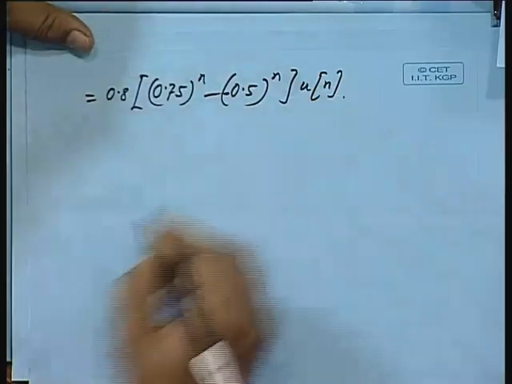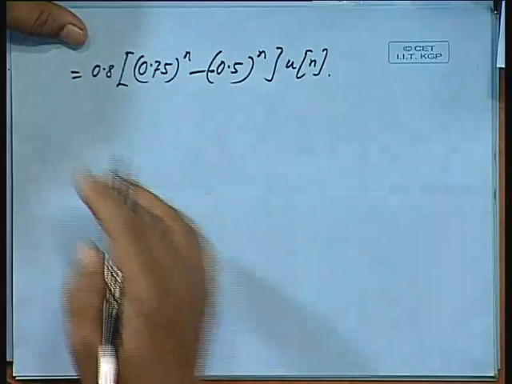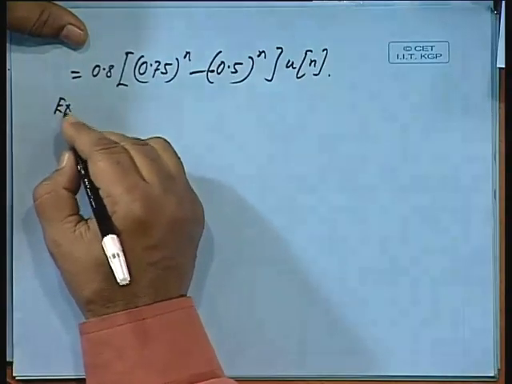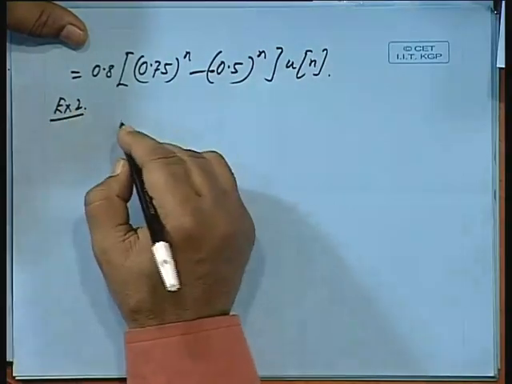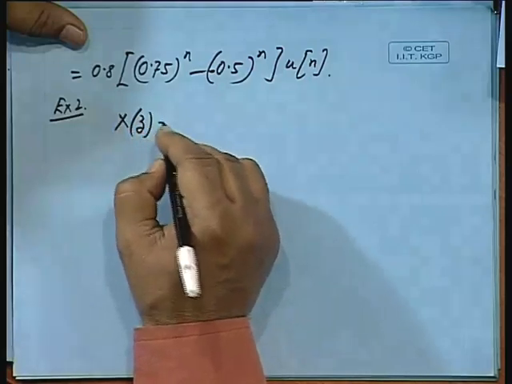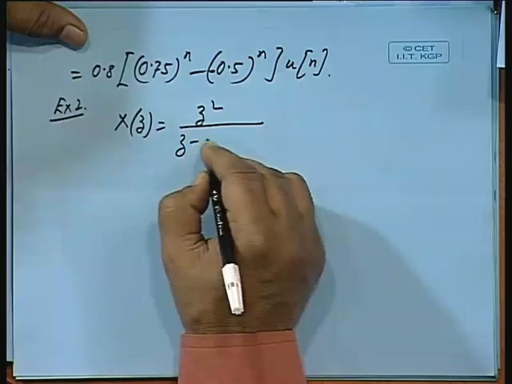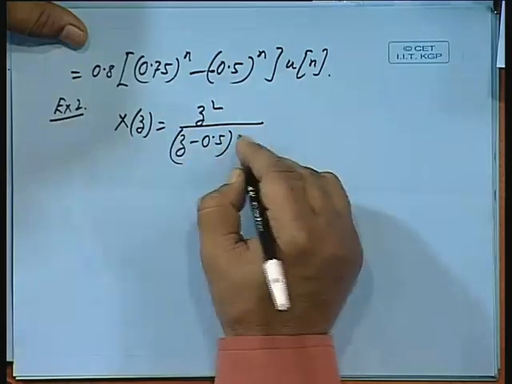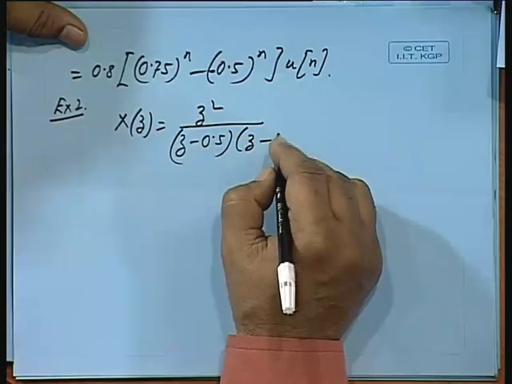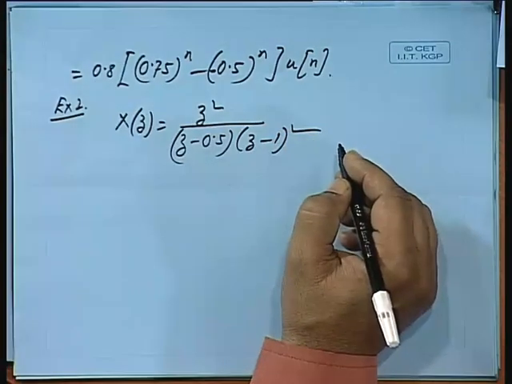Let us take another example with multiple roots. x z equal to z squared by z minus 0.5 into z minus 1 whole squared.